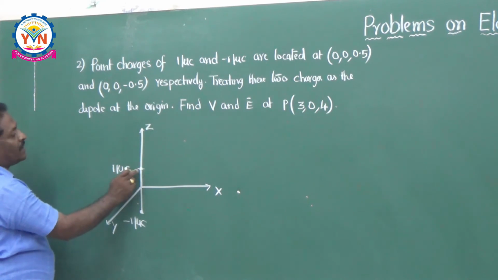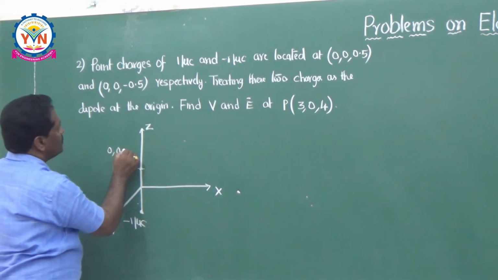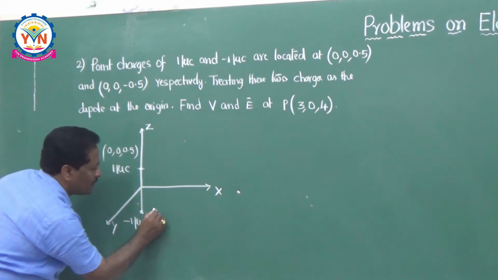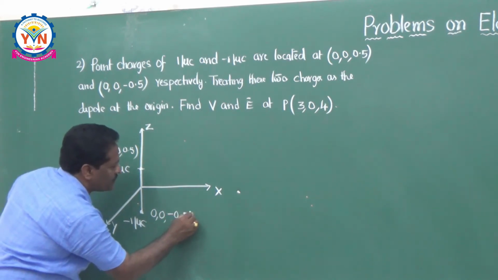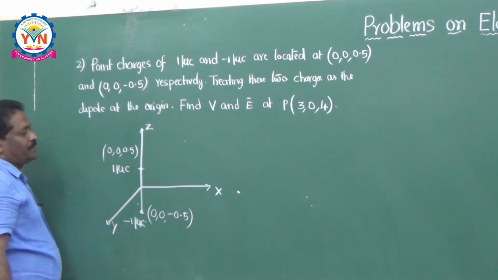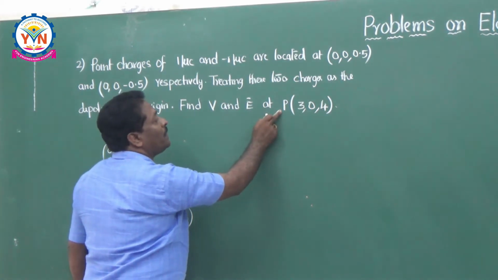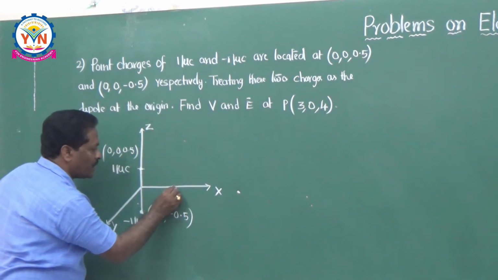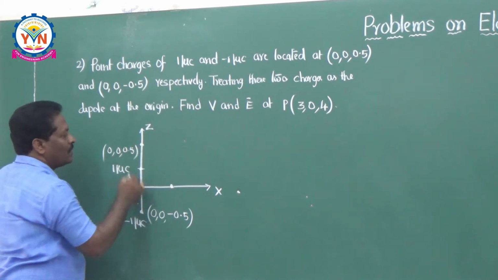And the points are here at (0, 0, 0.5), and this is at (0, 0, minus 0.5). That means along the z-axis. And he is asking the electric field intensity at point P of (3, 0, 4). That means x is equal to 3, let it be, and z is equal to 4.